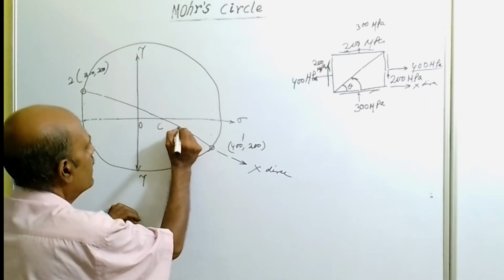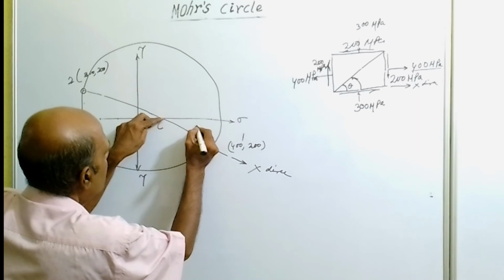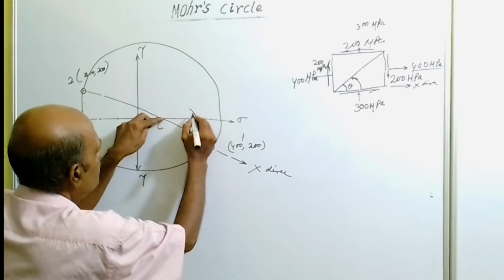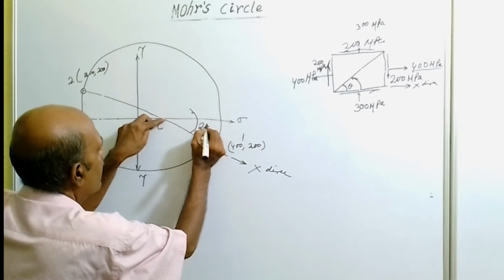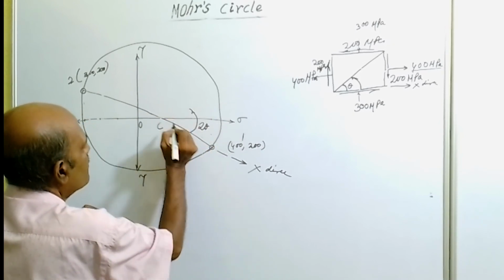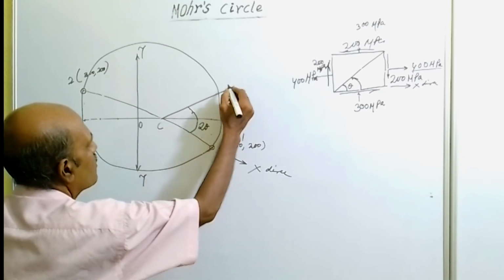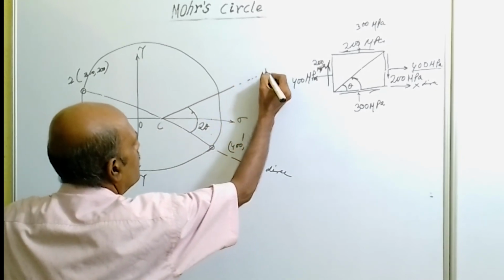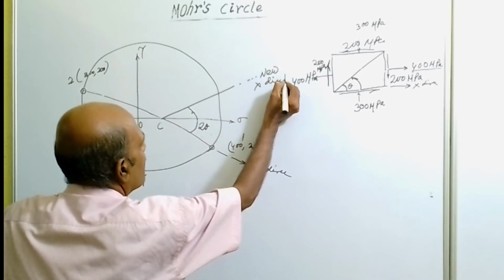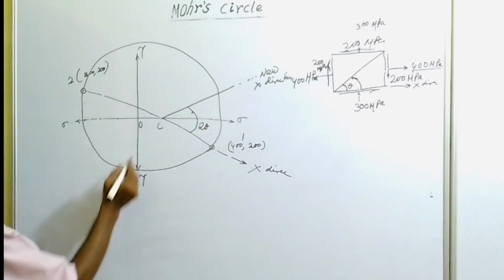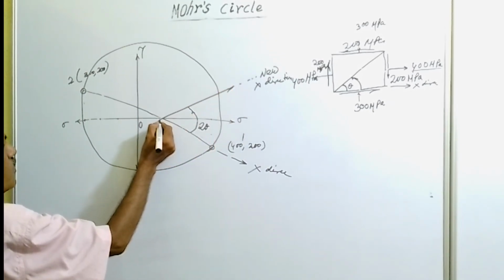So rotate the x direction. From this point to this point, we rotate about this point C by 2 theta angle, so that the x direction will be rotated. This will become the new x direction. Extend this new x direction in the opposite direction.